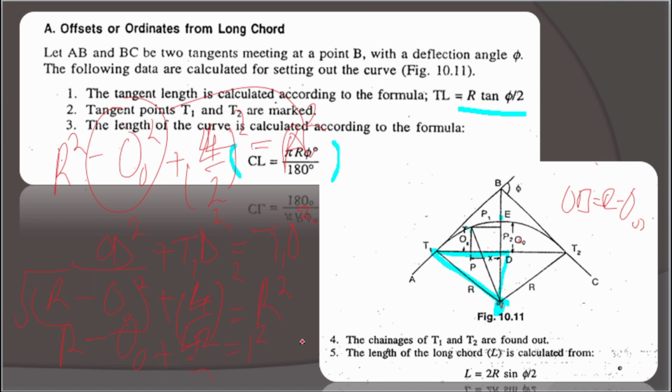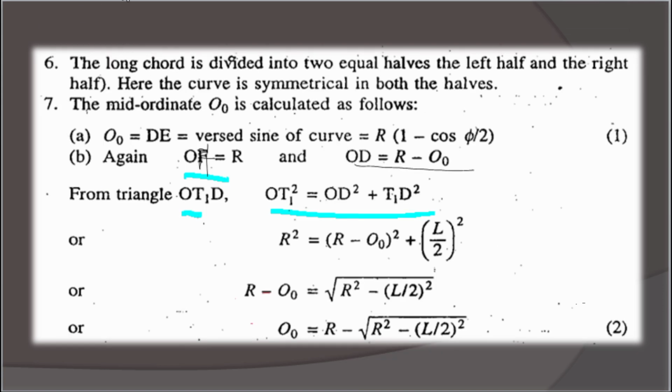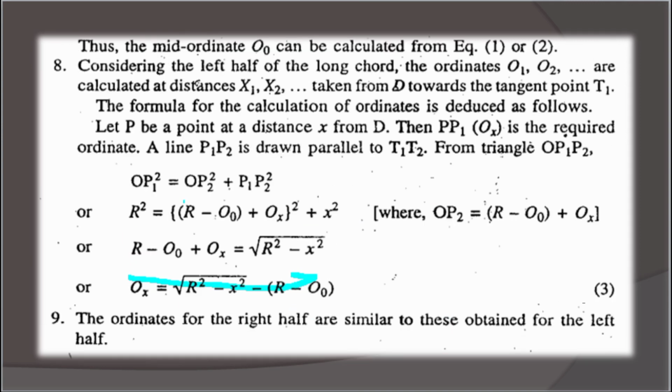Then we'll move this to the other side, and also this to the other side, and we'll have our final formula as being the right one here. Then we go ahead. So thus the mid-ordinate can be calculated.